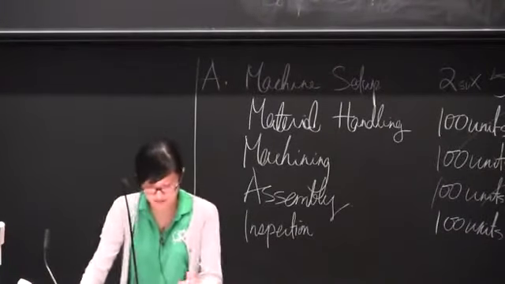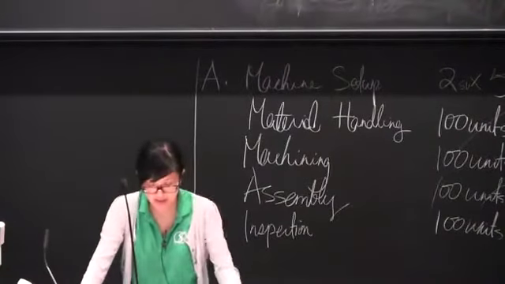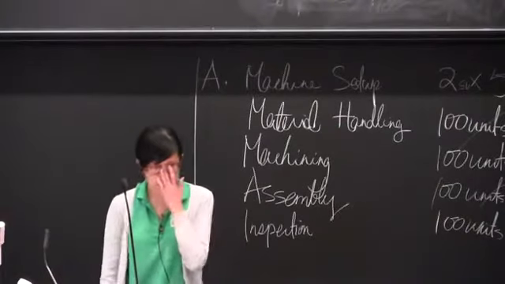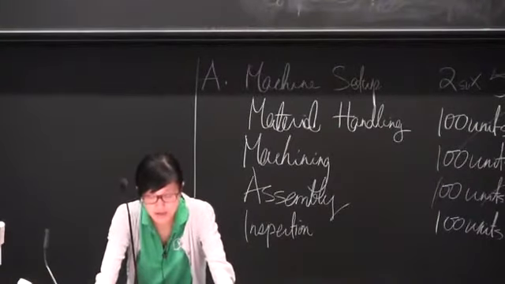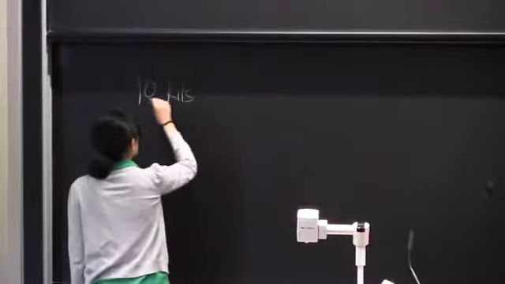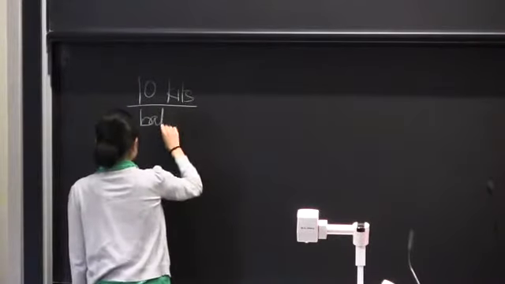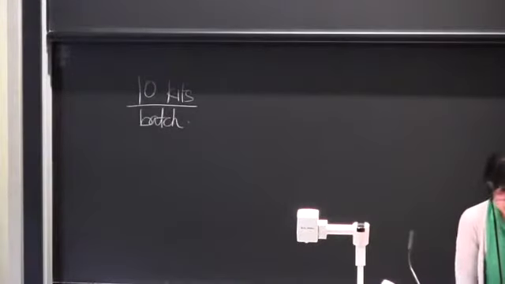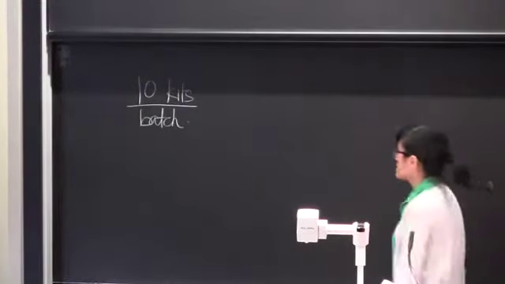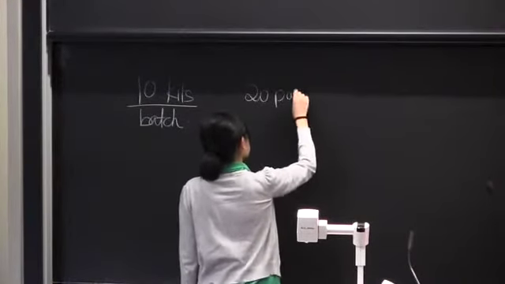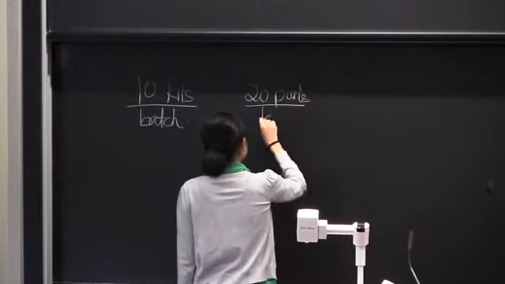So they gave you a bunch of activity. There's 1, 2, 3, 4, 5, 6, 7 activity. They gave you the cost driver, gave you the cost allocation rate. The only thing different this time is they mentioned the company manufactures 10 kits per batch. They also told us each kit requires 20 parts, so 20 parts per kit.